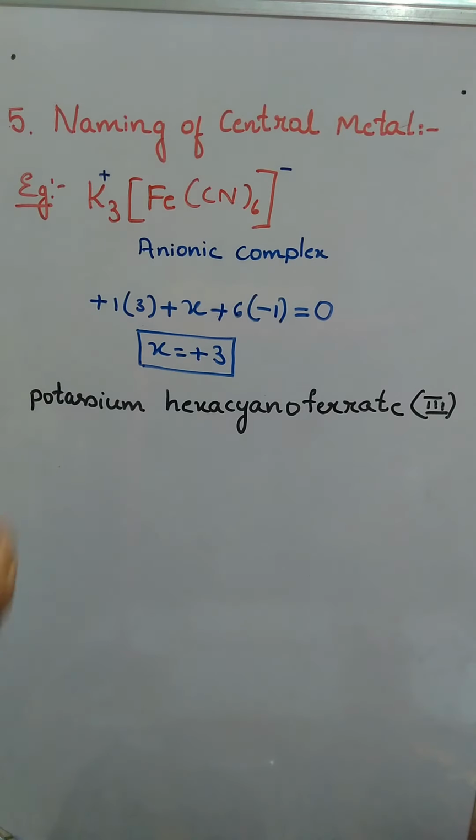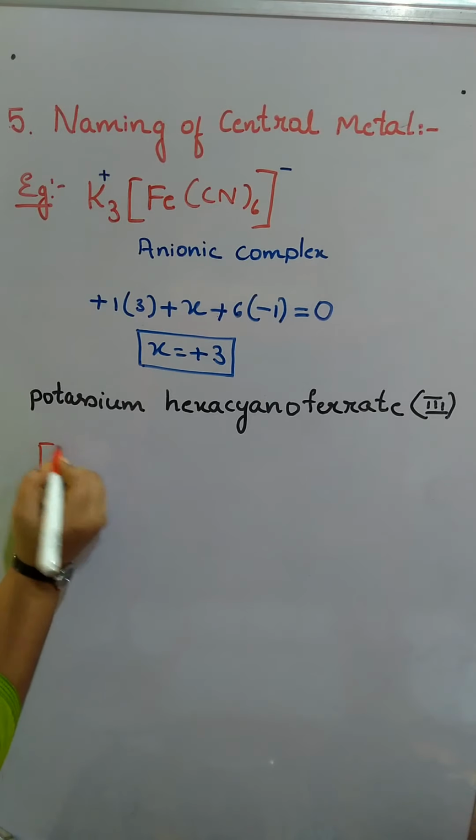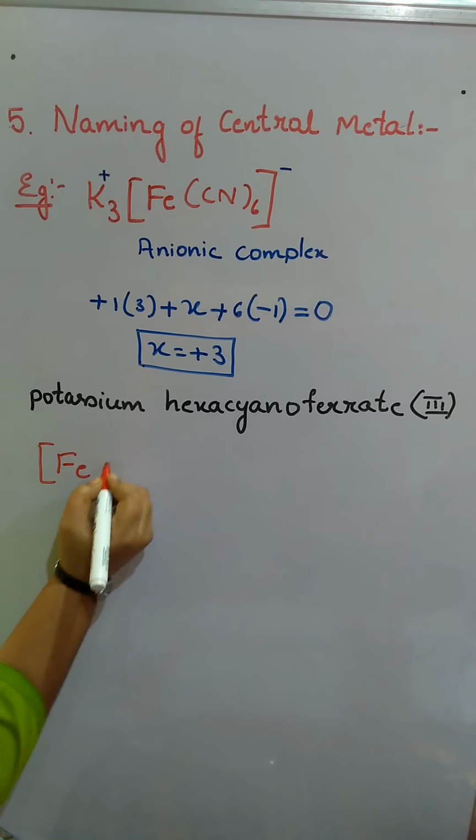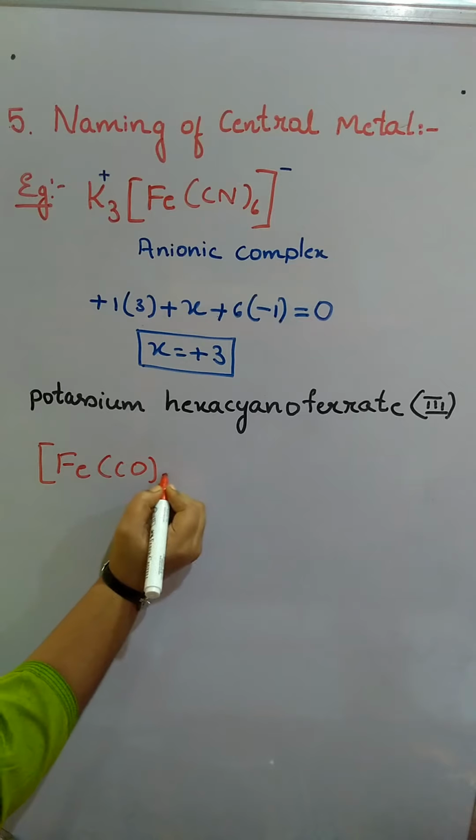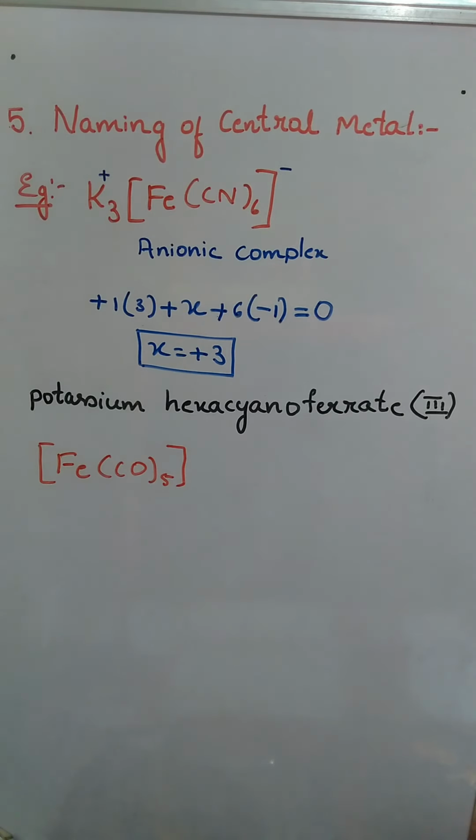Next example, Fe(CO)5. So this is the next complex. You can observe no counter ion, counter ions are not there, and charge is also not there.